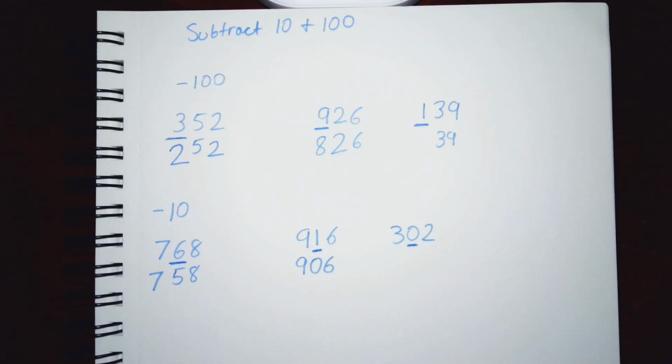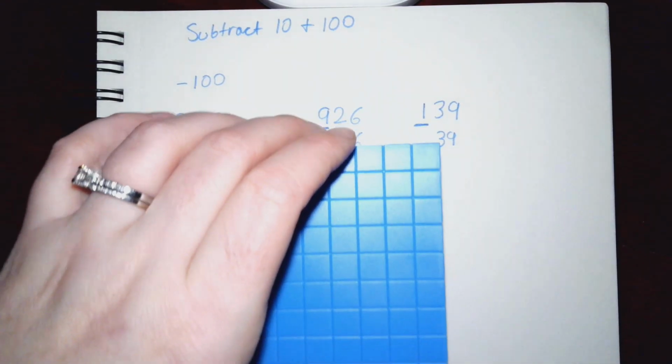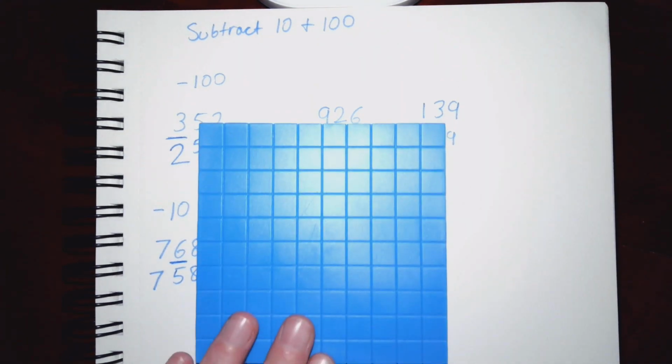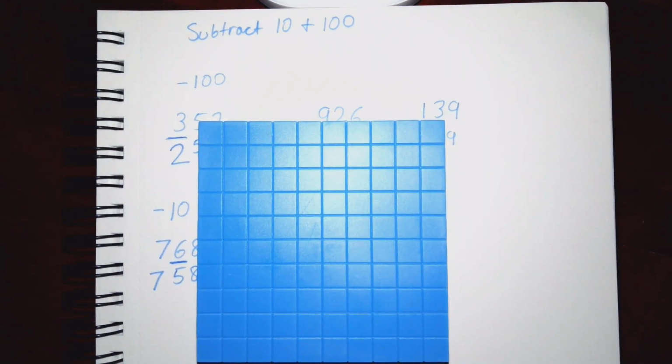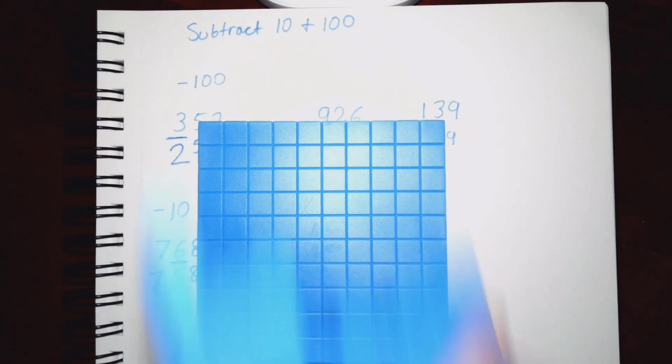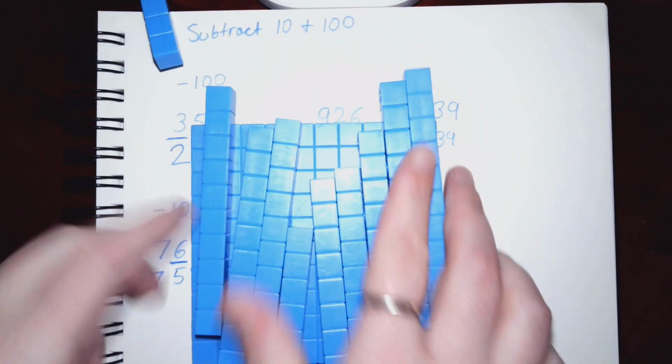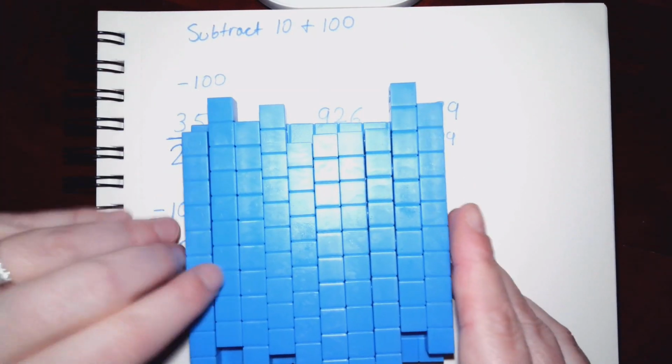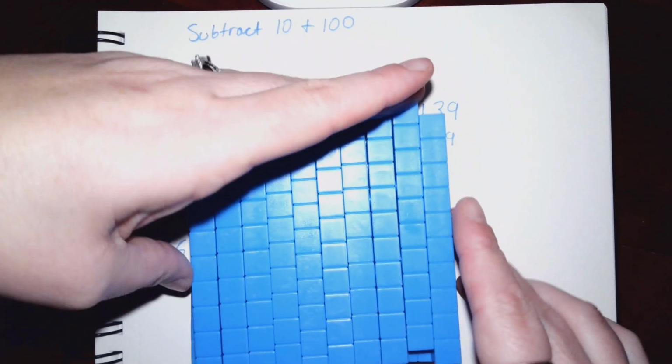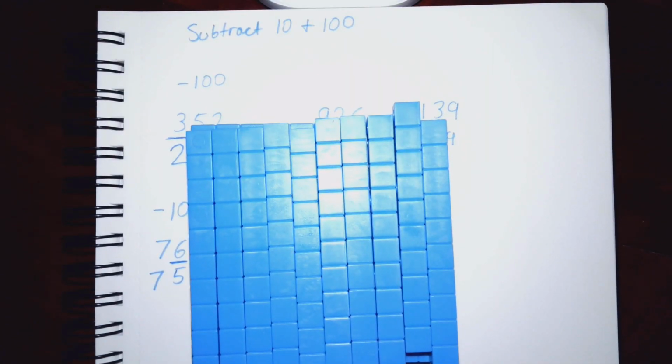Okay? So let's do a refresher. If I have 100, how many tens does it take to make that 100? It takes 10 tens. Okay? So 10 tens makes that 100. Now, if I had 2 hundreds and I wanted to change them all to tens, that would mean I have 20 tens, right?